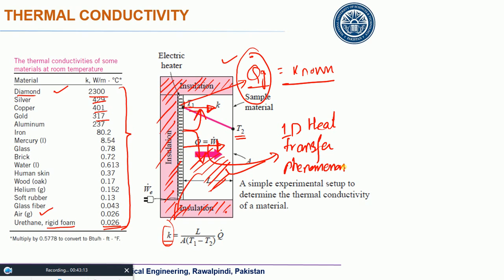This is what you say is 1D. Why? Because you are putting insulation on the other sides. Okay, if you do not put insulation on the top and the bottom side, it would become 2D. Okay.